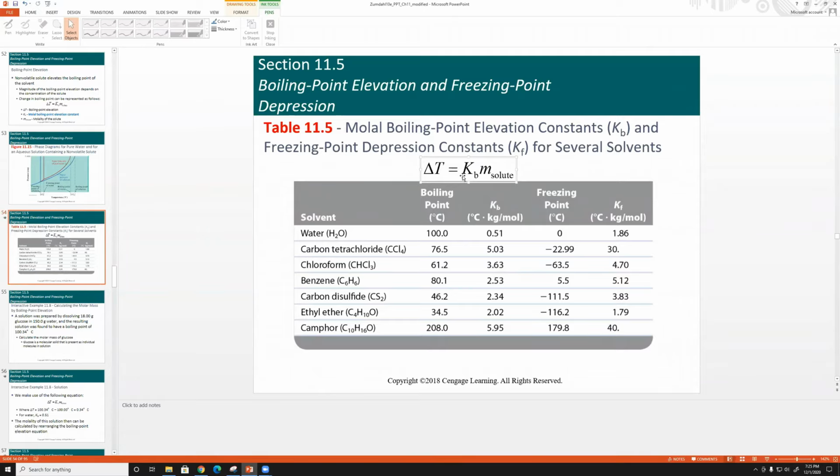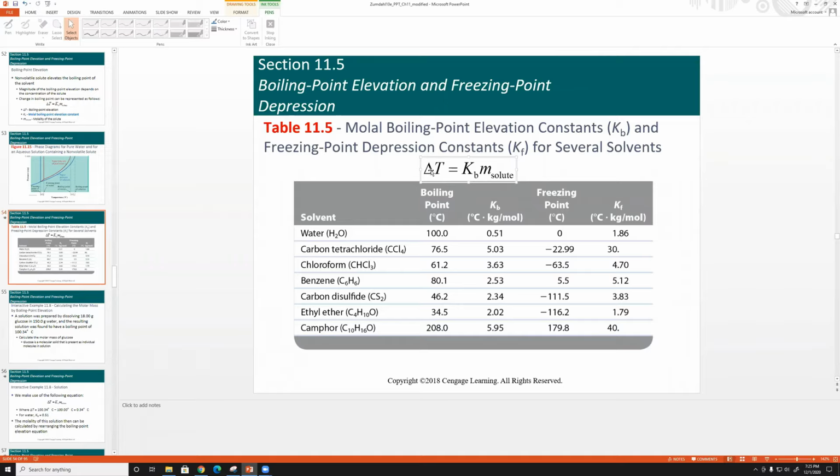So if you're doing water and you have a delta T in your boiling point elevation of 2, it'll never ask for delta T. It's going to ask what is the new boiling point or the new freezing point. For that, you have to either add or subtract this delta T to the original boiling point or freezing point, respectively. So for boiling point elevation, the delta T would be added.